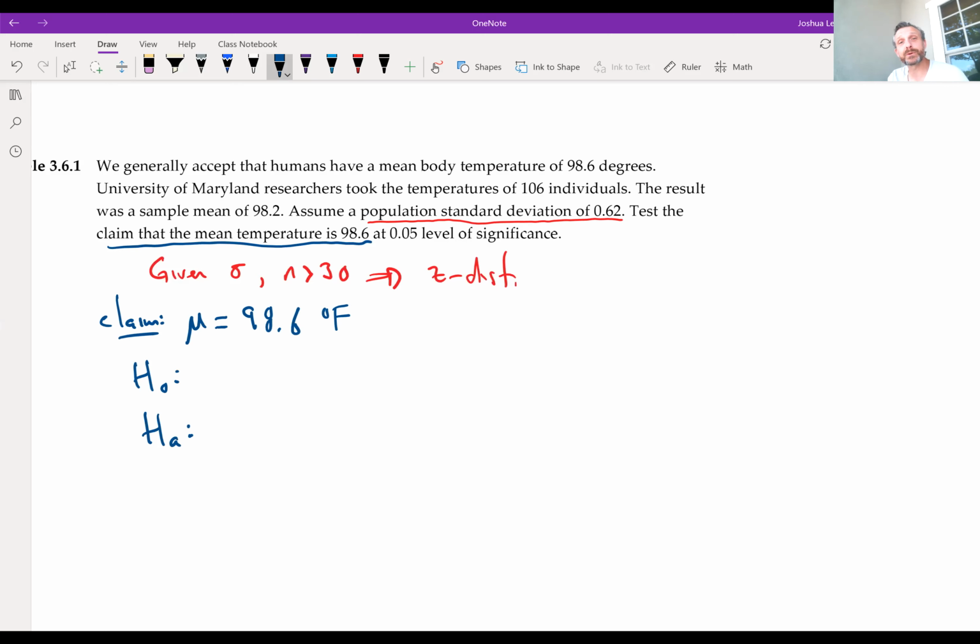I place it in the appropriate hypothesis. Notice that my claim contains equality. In fact, it is a statement of equality. And so I know it will be placed in the null. Now, that means the alternative, being the complement of the null, will be not equal to 98.6.